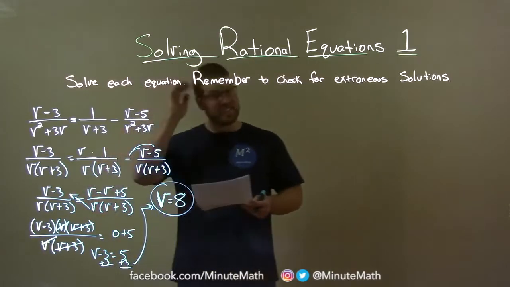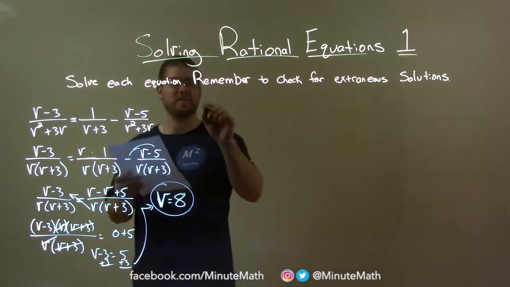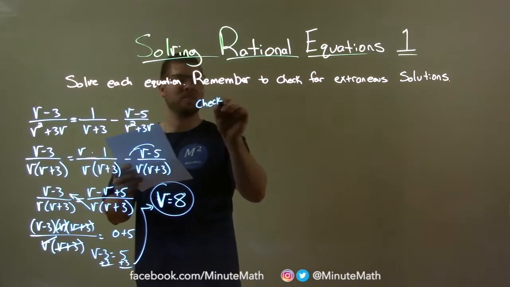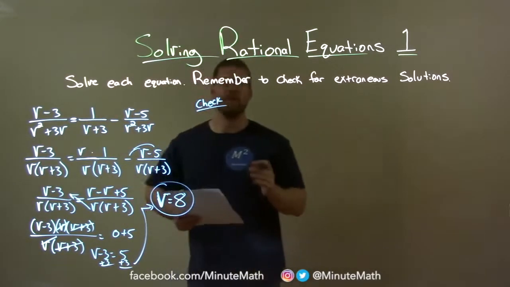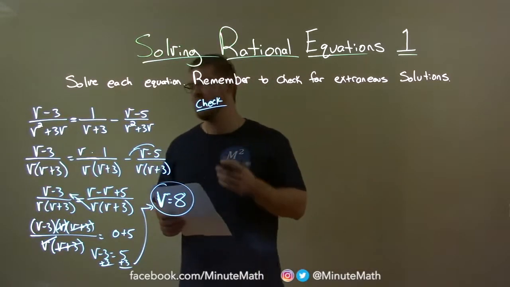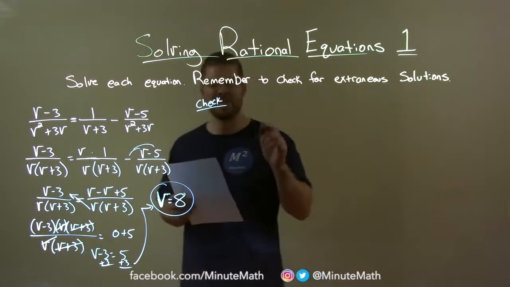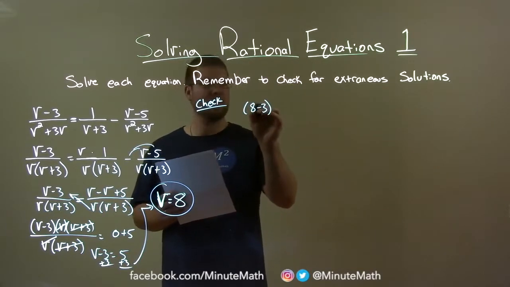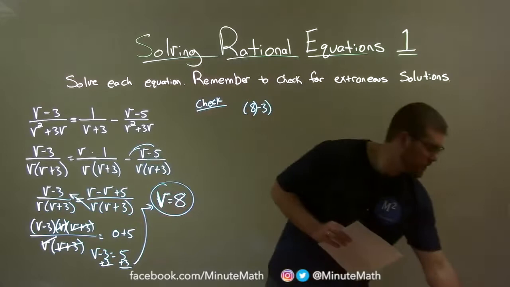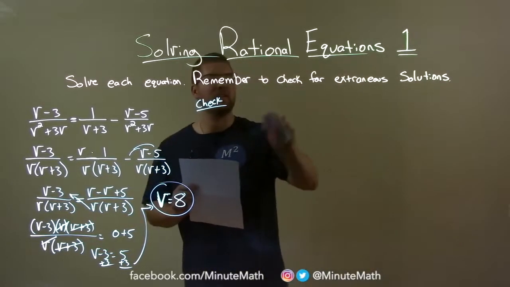But we have to check this, right? They told us to check for extraneous solutions. So let's see if that actually was right. What I'm going to do is rewrite my original equation, but put 8 in for every v, and luckily you won't have to see my v's anymore. I like to put parentheses around everything that I substitute in.